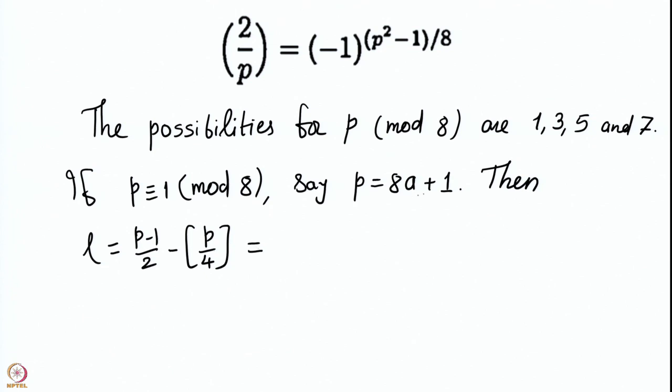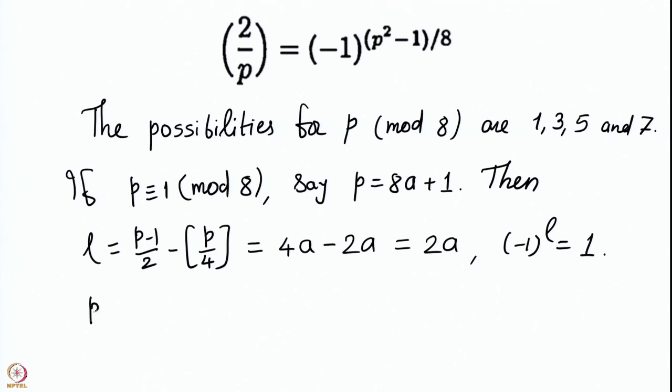So, p is 8a plus 1, when you subtract 1 from p you get 8a and you divide by 2 we get 4a, minus, 8a plus 1 upon 4 is 2a plus 1 by 4 and therefore, the integral part will give you simply 2a. So, we do get L equal to 2a and therefore, minus 1 to the power L is 1.